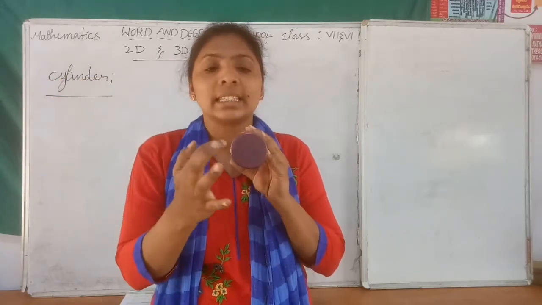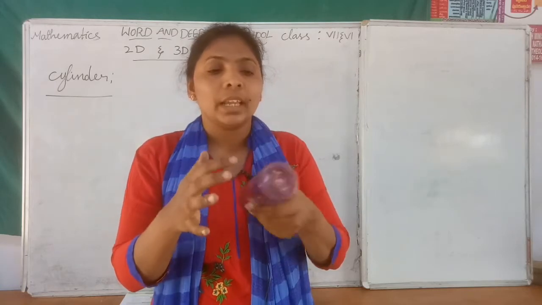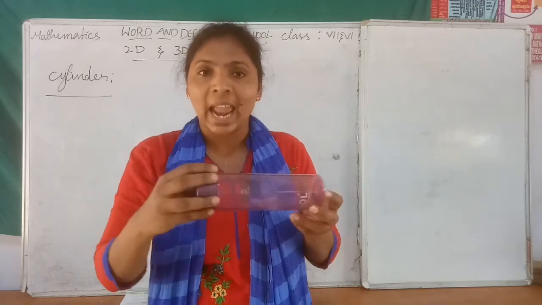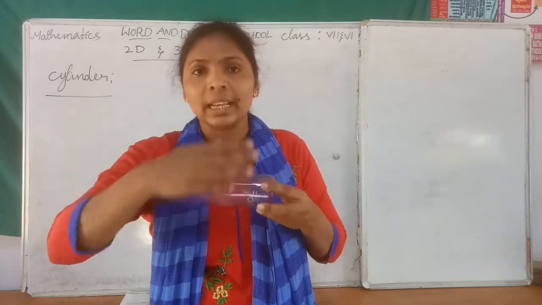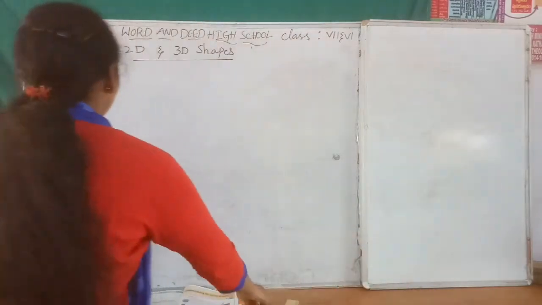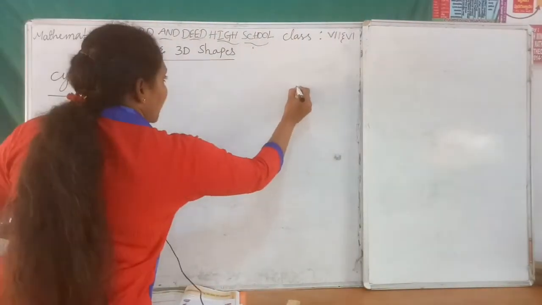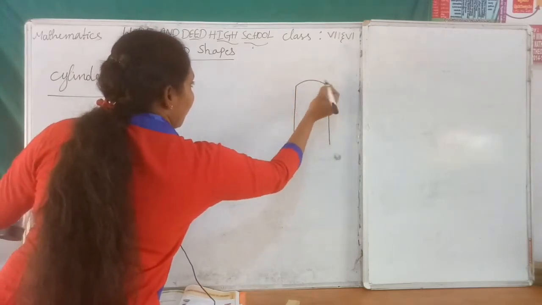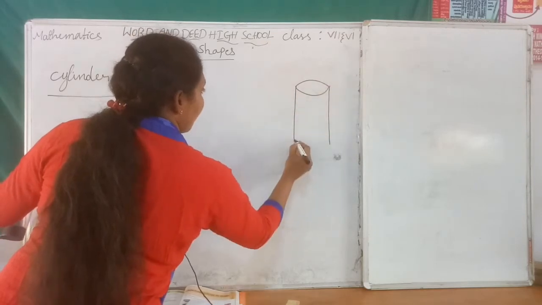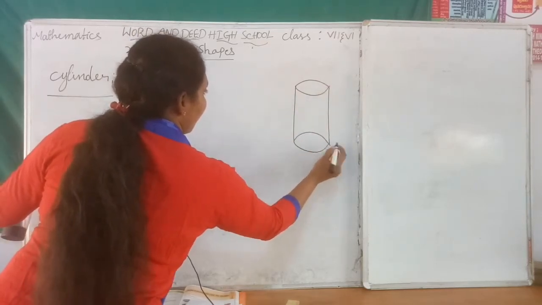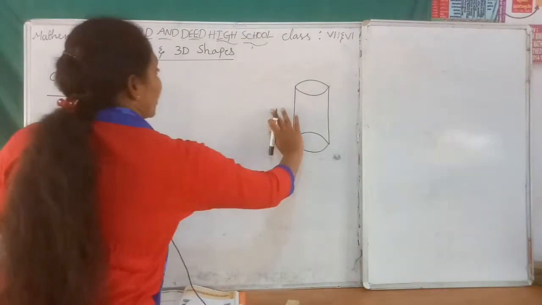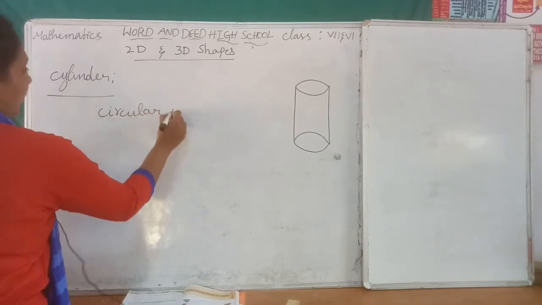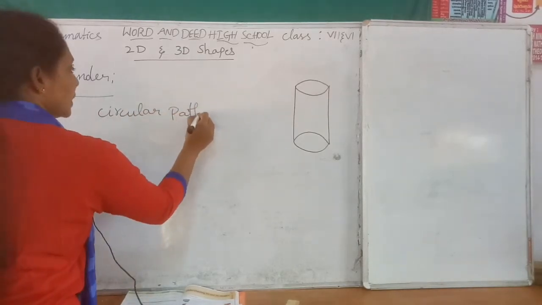Circular edges. Yes, see, you can observe, children. Circle, and this side also circle. So 2 circular edges and 1 circular face. Okay, circular path, it's better to say circular path.